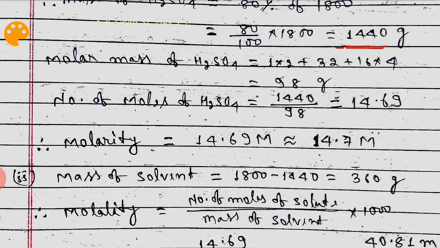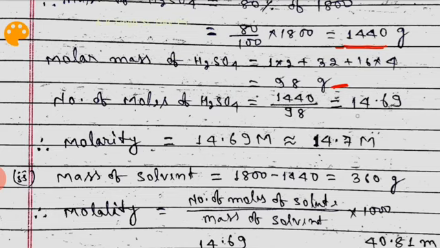Now, molar mass of H2SO4 is equal to 98 gram, that you have calculated, because hydrogen has mass 1 into 2 plus 32 sulfur plus 16 into 4 oxygen is equal to 98 gram. Now, number of moles of sulfuric acid is equal to given mass by molar mass, that is 1440 by 98.